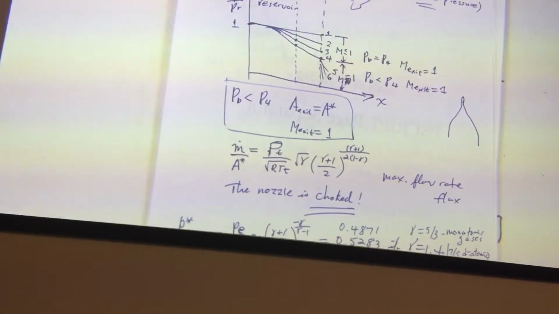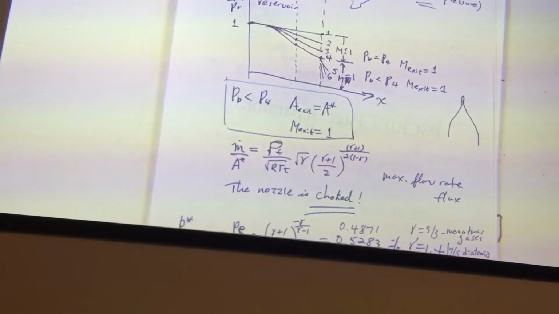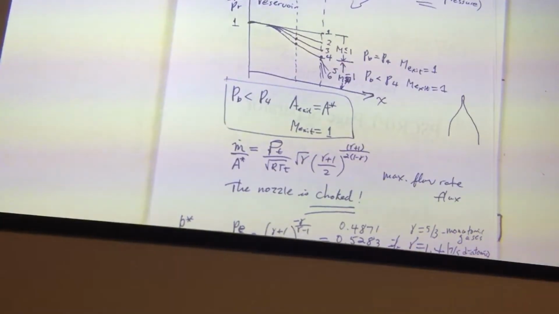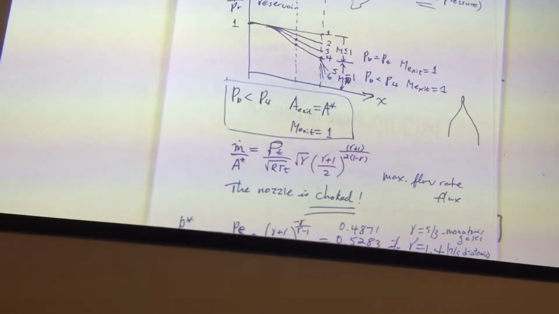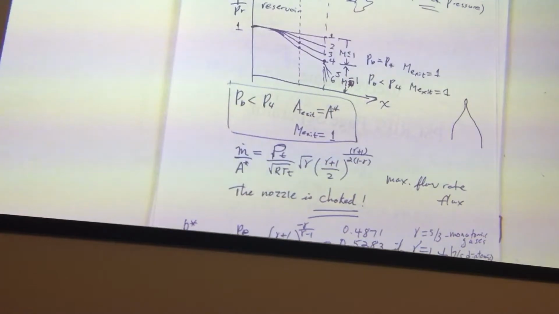So these are all consistent with Bernoulli equations. If I lower the pressure, the flow velocity should increase. But you say, okay, how about I lower even below 58.9? Then nothing will change anymore, because then the flow will only expand outside the nozzle.